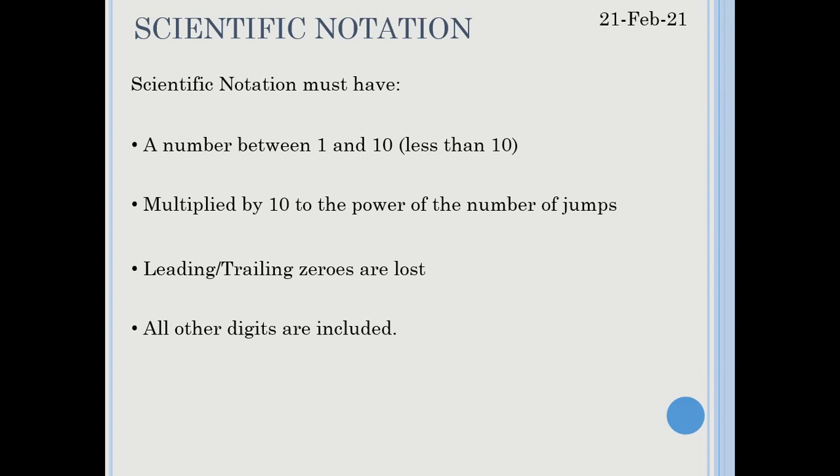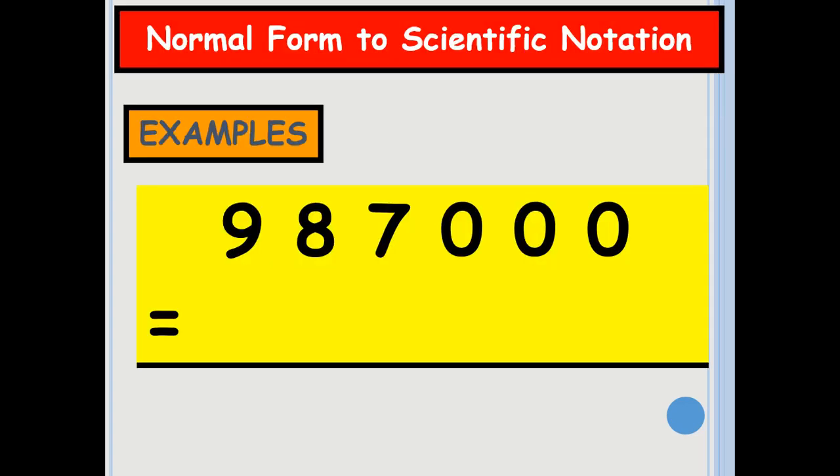We need a number between 1 and 10, and all other digits are included. The 9, in terms of place values, has the largest place value. So we're going to have 9, and then I'm going to put a decimal. We should always have one number to the left of the decimal, which we've got.